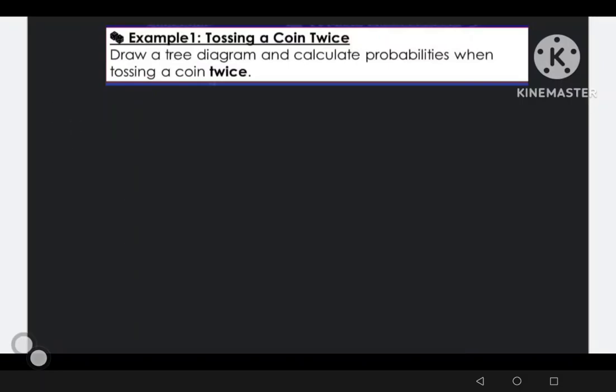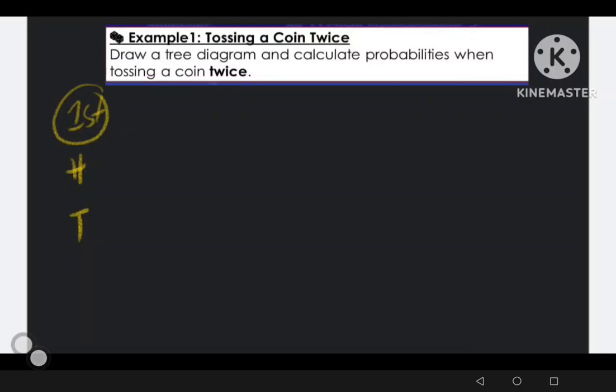In our first toss, we have two results. If we imagine a coin, we have two results, the head and the tail. And in getting the probabilities of each, what should we do? What is the probability of getting a head in the first toss?